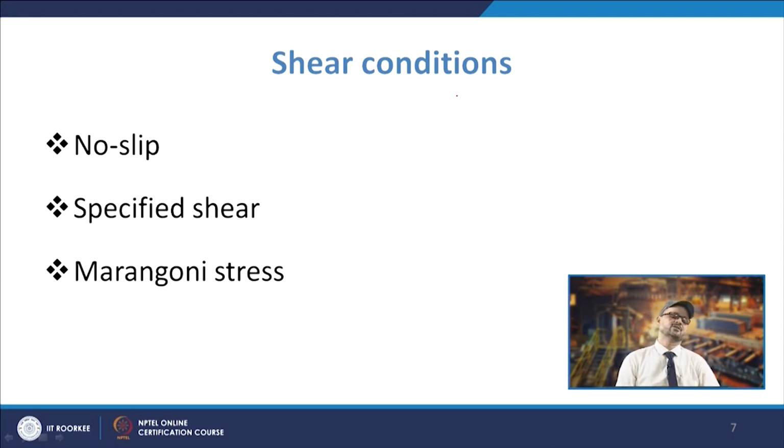So, you will be getting the shear stress calculation because of the gradient of temperature on the surface. That is for specified surface tension. That way these shear conditions are used.